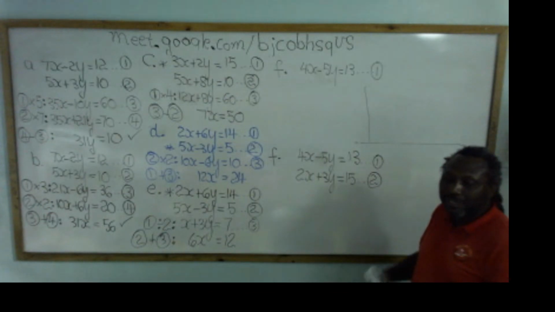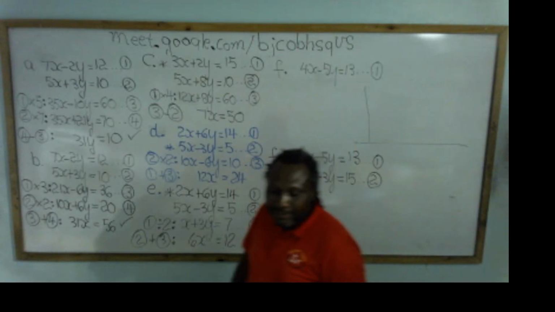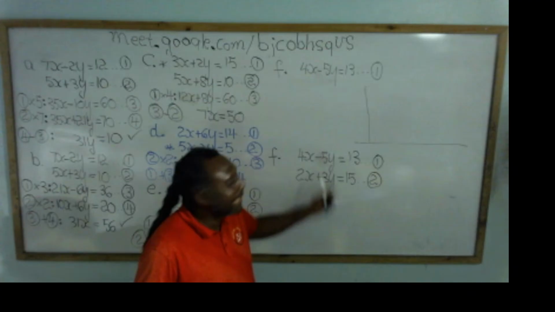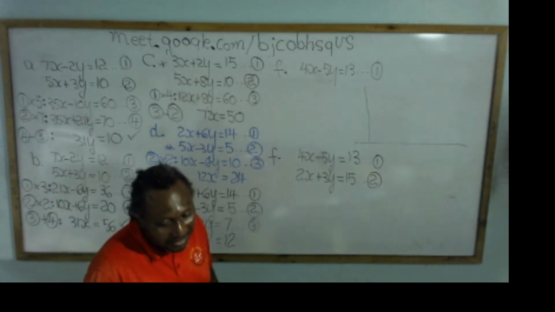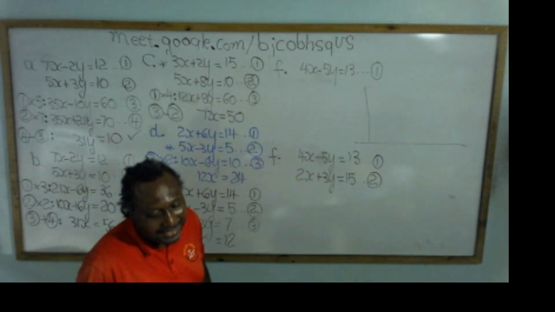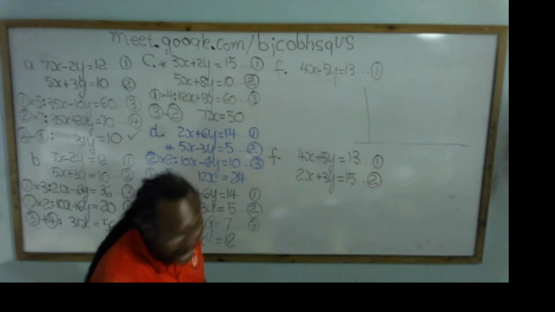Somebody please tell me what to do with this system. For greatest efficiency, what do we eliminate and how do we eliminate it? Let's go. You eliminate x by?